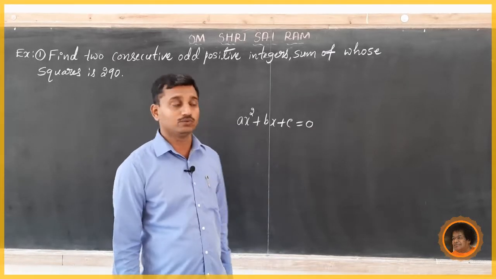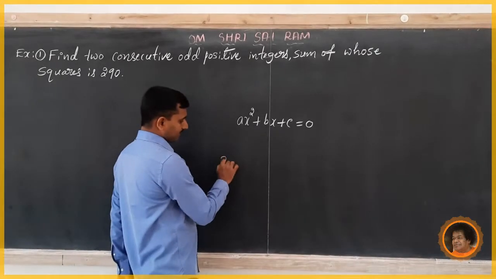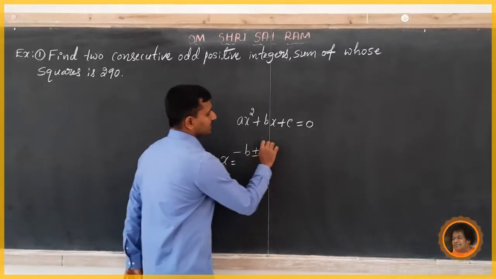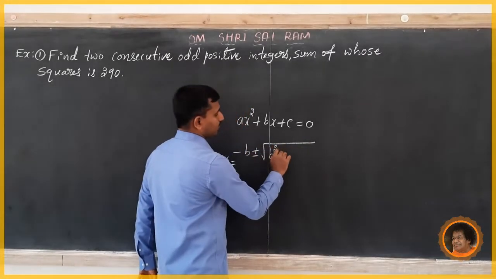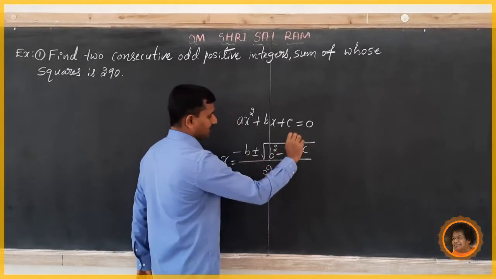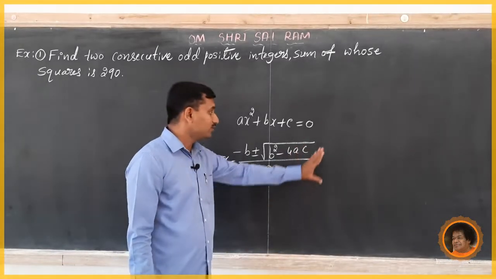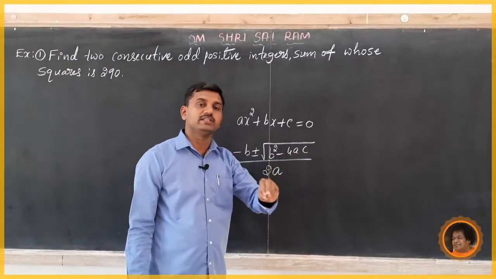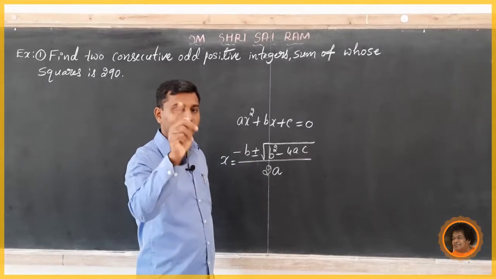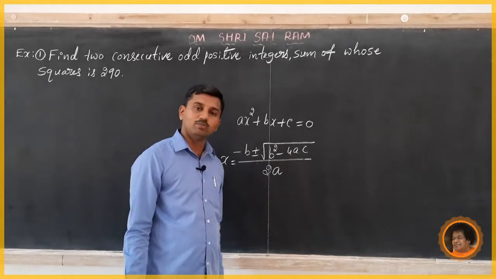The quadratic formula is x equal to minus b plus or minus square root of b square minus 4ac, divided by 2a. By using this formula, we can find the roots of the quadratic equation.